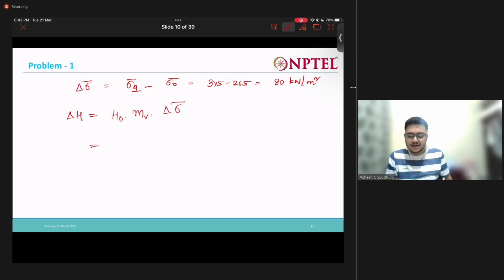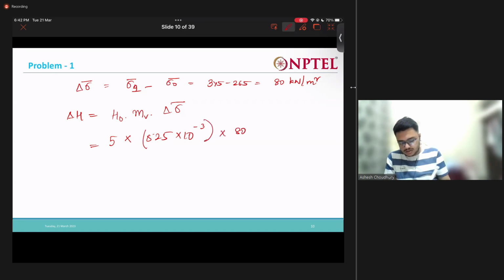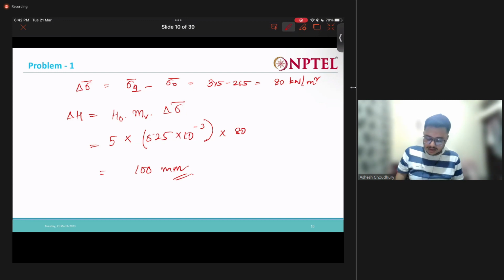That is the thickness of the clay layer, 5, into mv, which is given as 0.25 meganewton per meter cube. I will be converting it to kilonewton, so 10 to the power minus 3, times 80. So it will be 100 mm. See the units and do it nicely. So your settlement will be 100 mm.